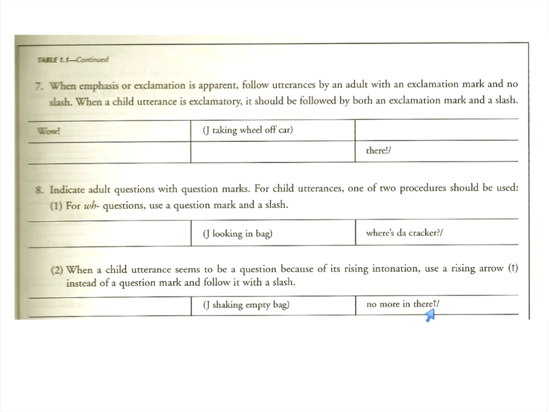If it isn't a WH question, like an interrogative reversal, or you know, how your voice goes up, then you use this little rising arrow, suggesting that the intonation goes up. So here are the punctuations that I want you to use, and notice each one has that little slash suggesting the end of that utterance.